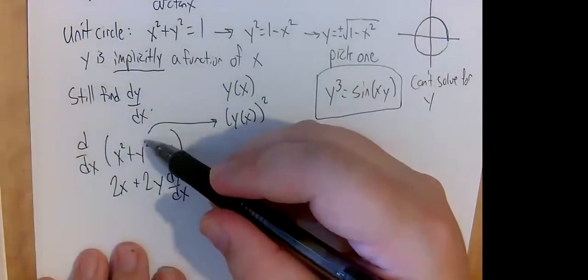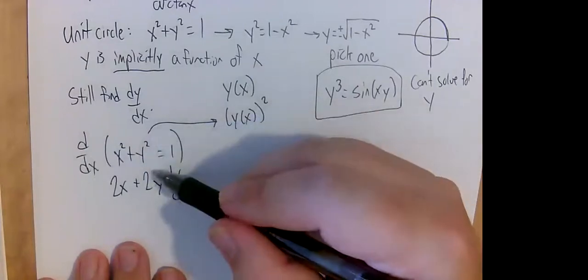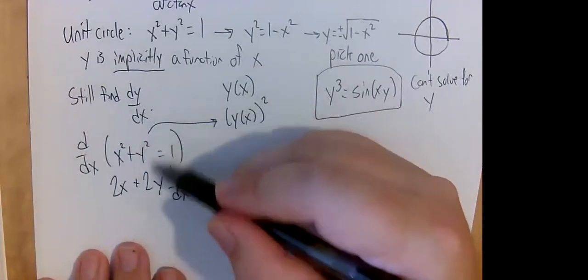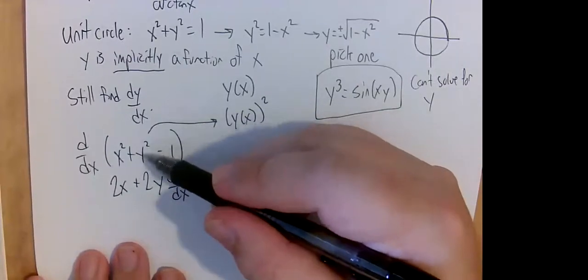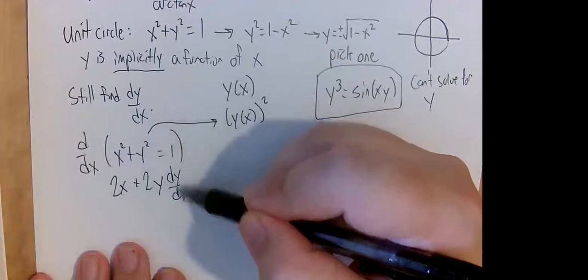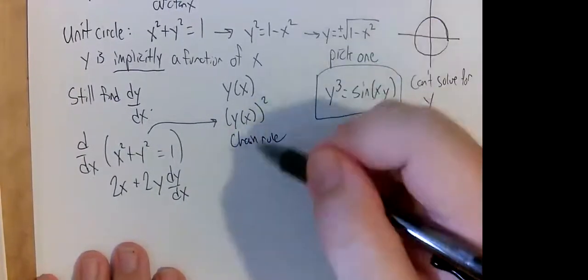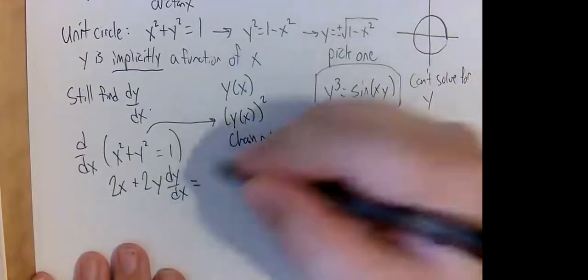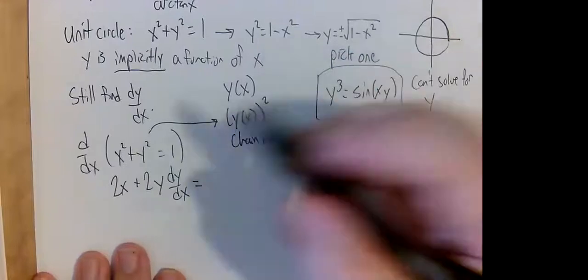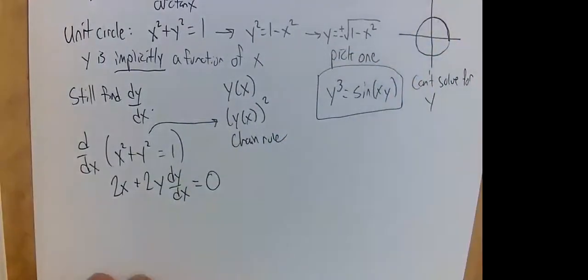So when we do the derivative of something involving a y, we do the derivative normally, so we get 2y out of this, just like you might expect. But then whenever we do a derivative involving y, we need to stick a dy/dx at the end because of the chain rule, because y is itself a function of x. All right, so now we've handled that. And then the derivative of 1, the constant function, is 0.